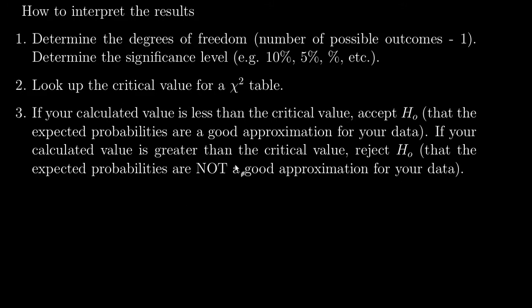If the calculated value is greater than the critical value, then I reject it. And when I do a chi-squared test, I really want to reject this because that says something a lot stronger than accepting the null hypothesis. But again, the math shows what the math shows. Just because I want something to happen doesn't mean that it has to.